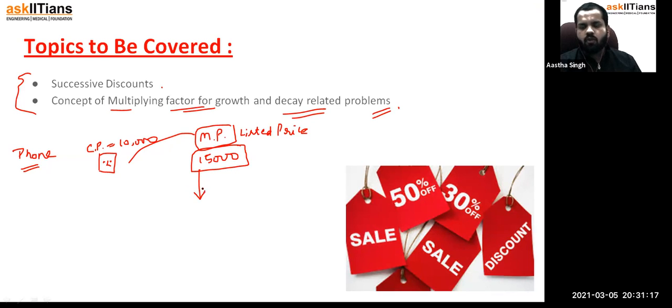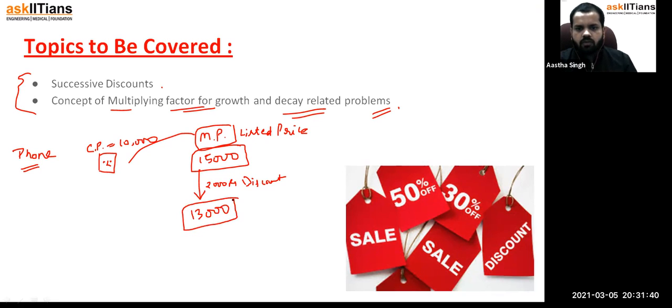And then the shopkeeper gives you this phone at a discount of, suppose, 2,000 rupees. So the cost will be 13,000.